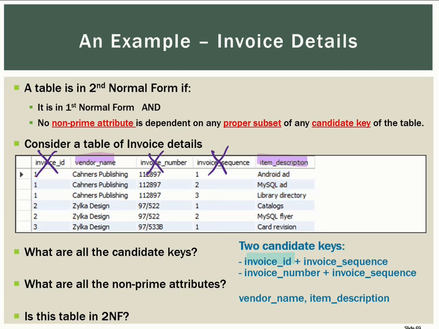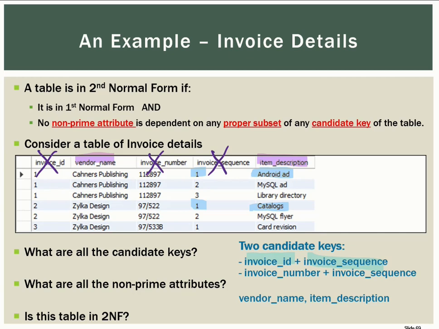What about the invoice sequence? Can I say that the item description is dependent on the invoice sequence? Here's sequence 1, and that's the Android ad, but here's another 1, and that's a catalog. So obviously the invoice sequence cannot determine the item description.